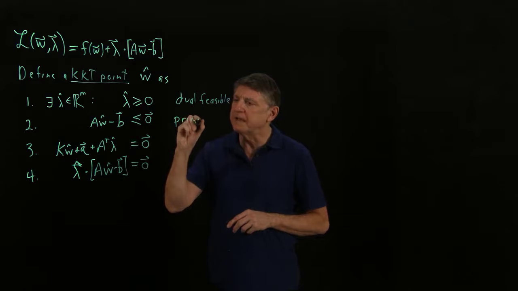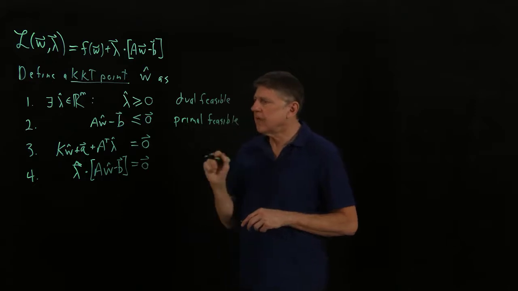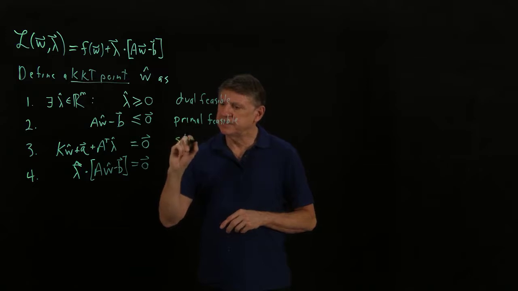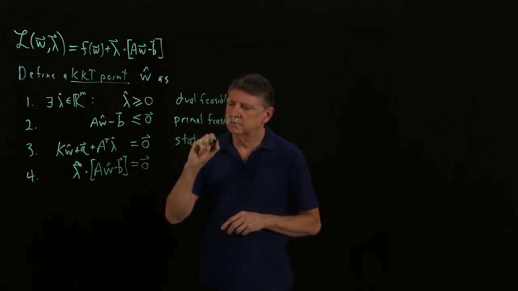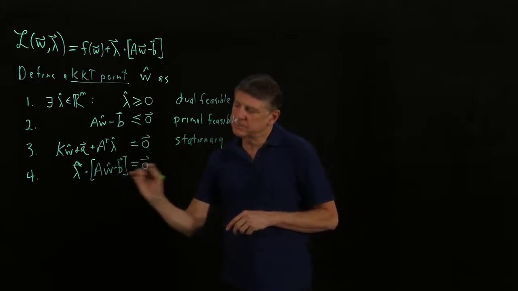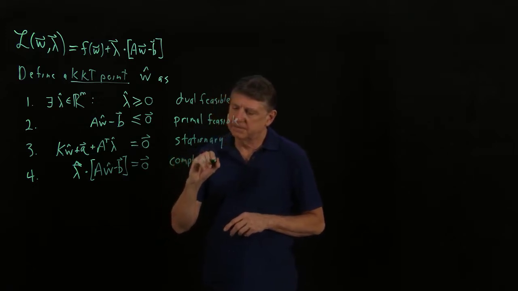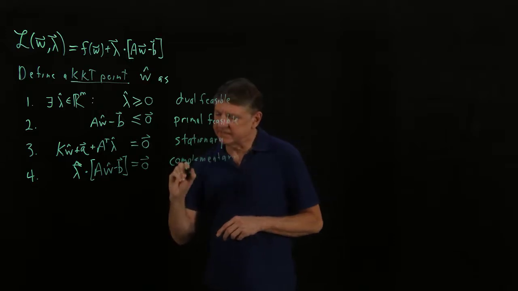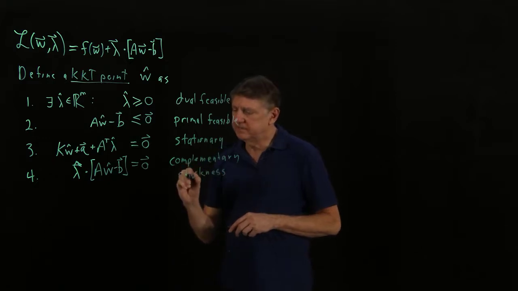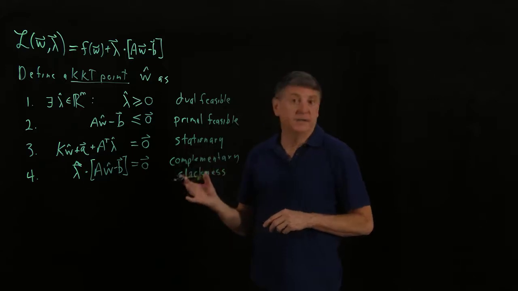So we'll refer to that as being primal feasible. The third is saying that it has to be stationary. And this fourth one is a more interesting one. This is called complementary slackness. We'll be exploring this idea of slackness much later in further sessions and in a different context.